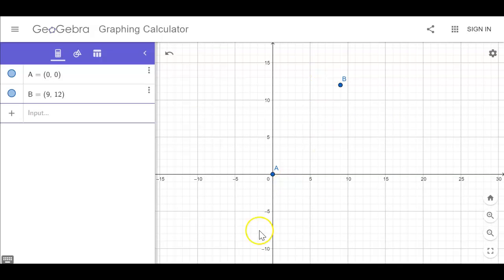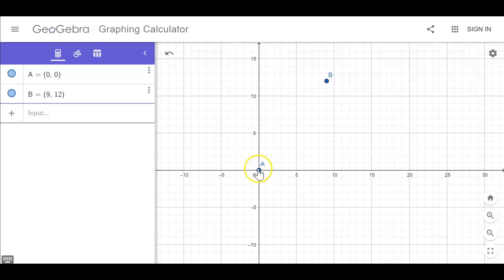Now the idea is that you could ask a kid to describe the slope of a line. But before you do that, you start with just getting the idea of talking about moving from one point to another. How do I get from A to B?